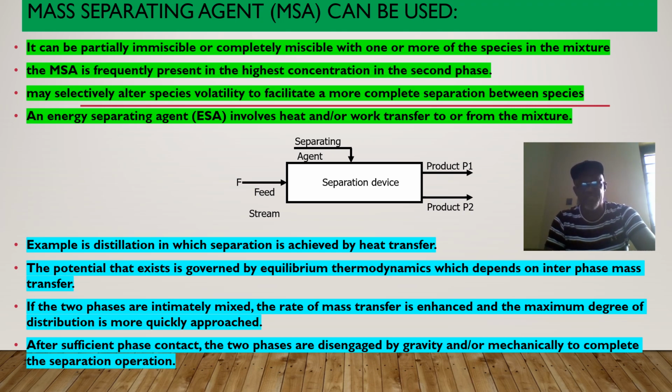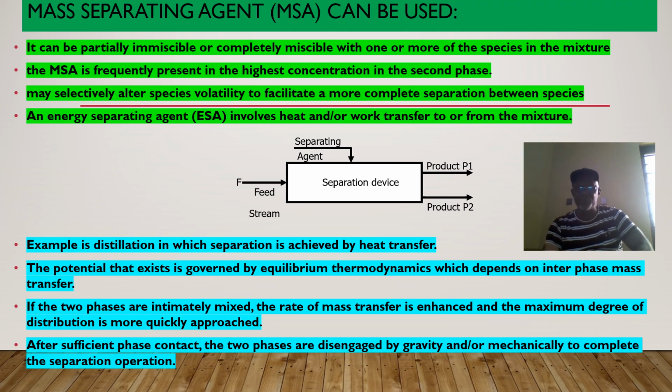For instance, a very simple experiment I'm sure you must have done in 200 level, when you use a separating funnel. You have a mixture, you now add an organic phase. Now there will be a separation between the aqueous phase and organic phase, and the substance in question will be distributed.